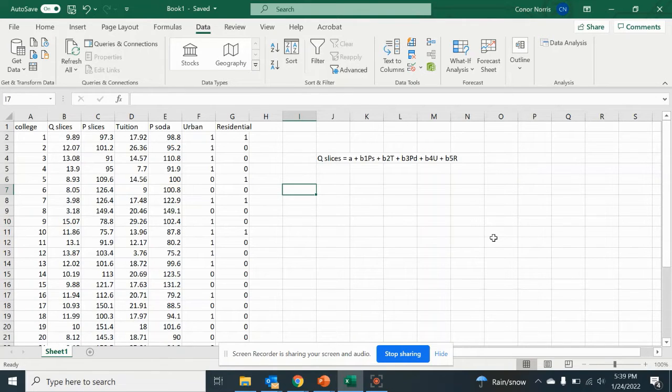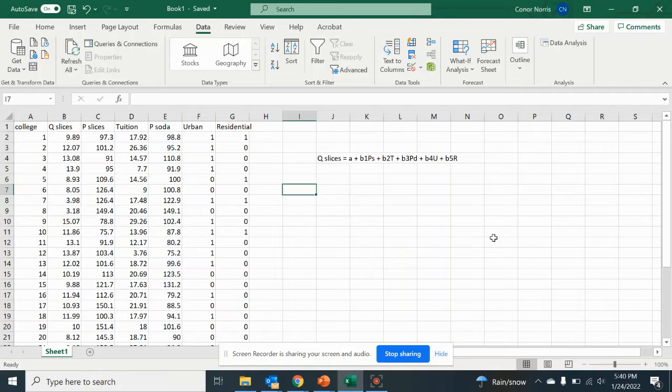The quantity of slices, this number here for the first college, 9.89, is the average quantity of slices bought by students per month. The P slices is the average price of slices in cents. So this 97.3 is not $97.30, it's 97 cents on average. The tuition for the first one is 17.92.